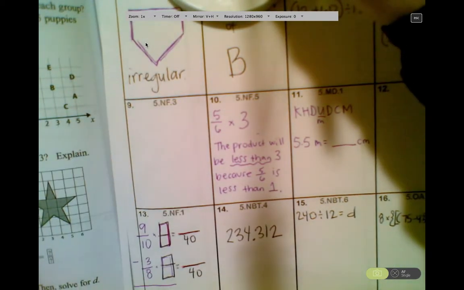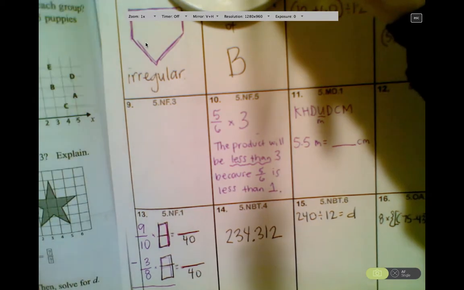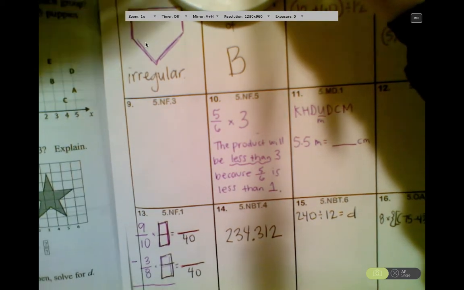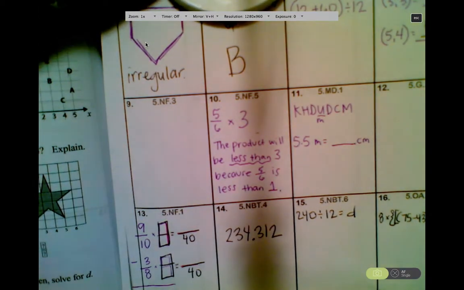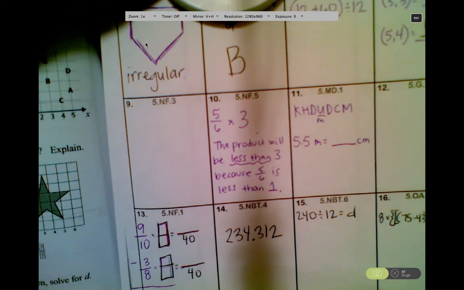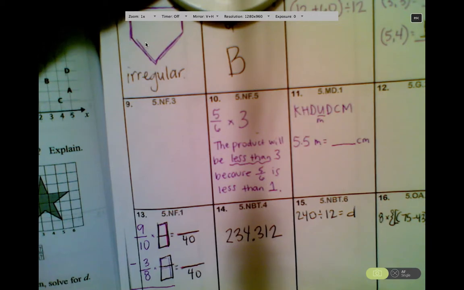Okay. Number 9. Baker Beth separated 13 tubs of frosting equally among 6 cakes. How much frosting does each cake get? Between what 2 whole numbers does your answer lie?